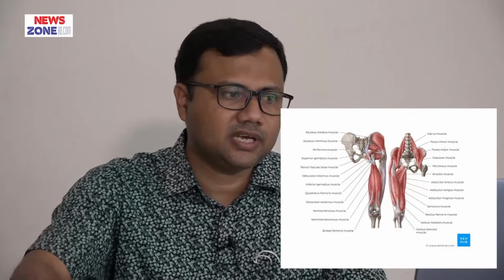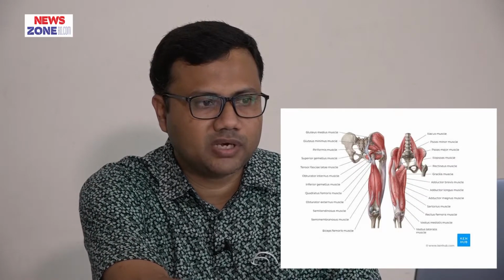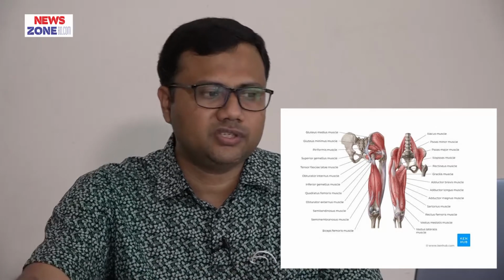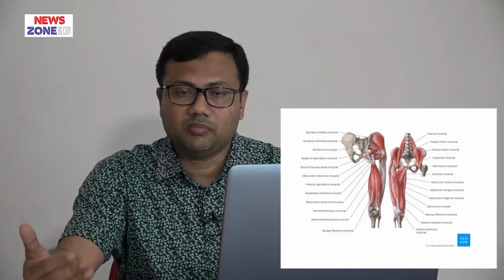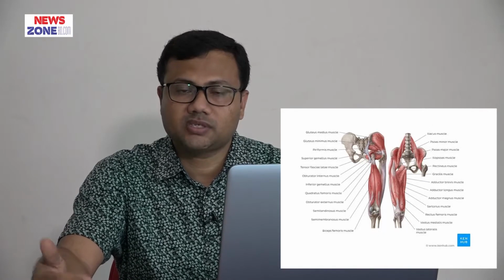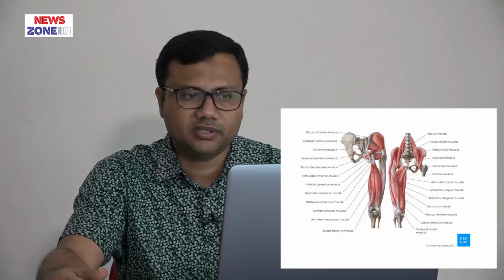And in the next slide we can see all the major muscles around the shaft of the femur and in pelvis. Muscles include muscles of the anterior compartment, muscles of the posterior compartment and muscles of the medial compartment.